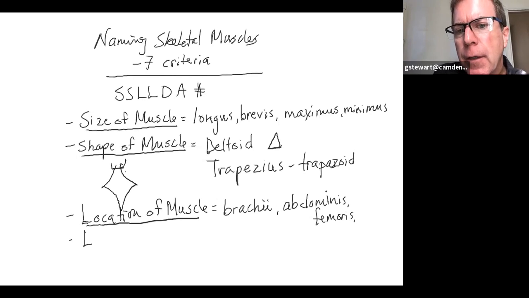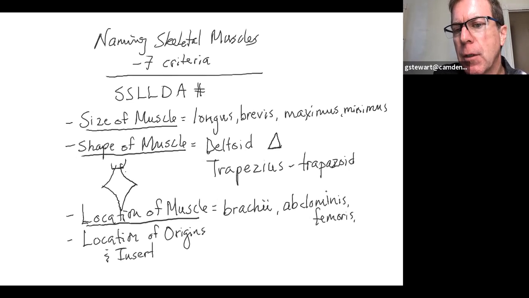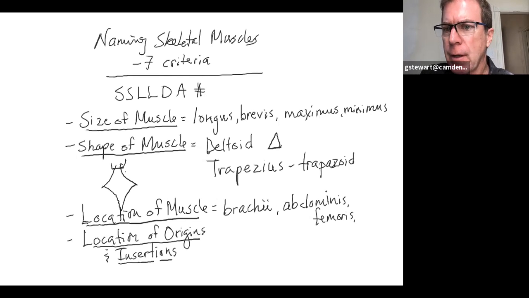Second L is also location, but it stands for the location of origins and insertions. Those are connection points to bones. So some muscles, in their name, it tells us where the locations of their origins and insertions are. All books use this one as a classic example.